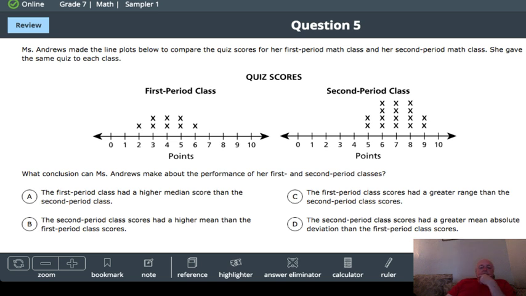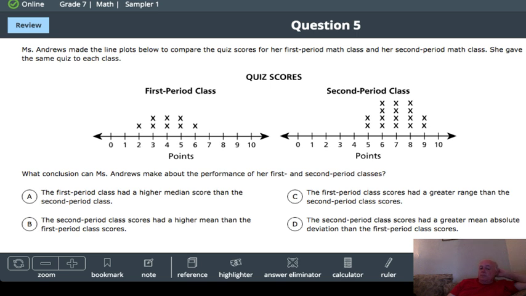A: the first period class has a higher median score than the second period class. B: the second period class has a higher mean than the first period class. C: the first period class scores have a greater range than the second. And D is the greater mean absolute deviation.